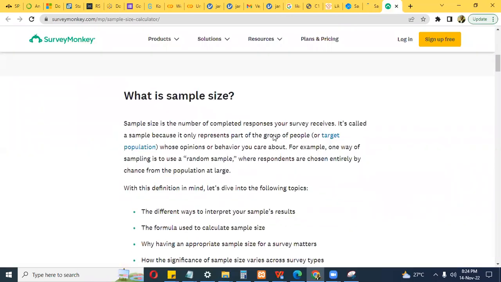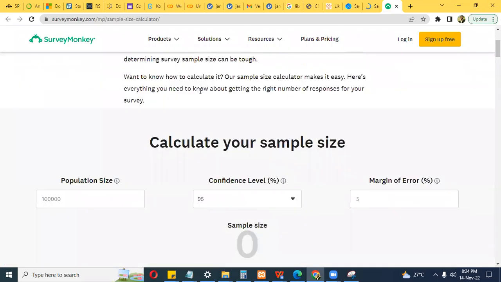That is the same as this calculator by SurveyMonkey. For the past 12, 13, 14 years, I've known SurveyMonkey to be a tool you can use to carry out big-time surveys. It could hold as much data as possible. You can design the questionnaire and send it out to people online, and they can fill it up.